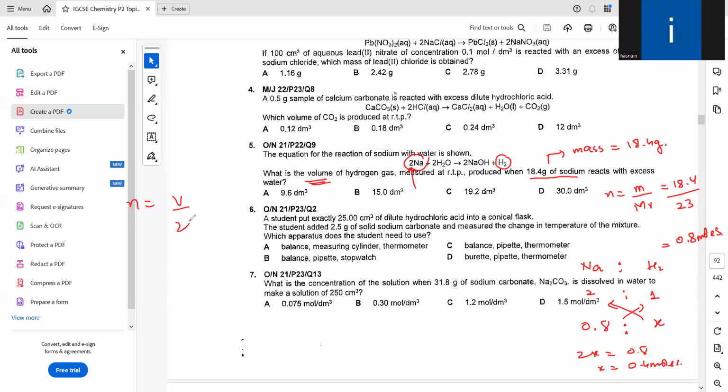Then we can still use the same formula. 0.4 is equal to volume upon 24. So we have 9.6 liters as the answer. Do you guys get this part? Yes, sir.